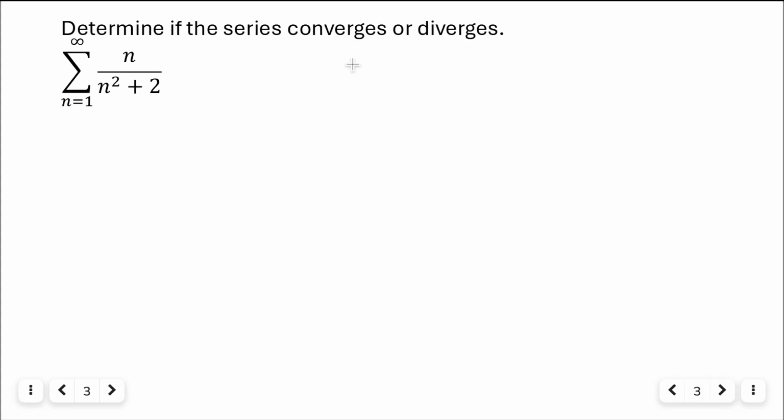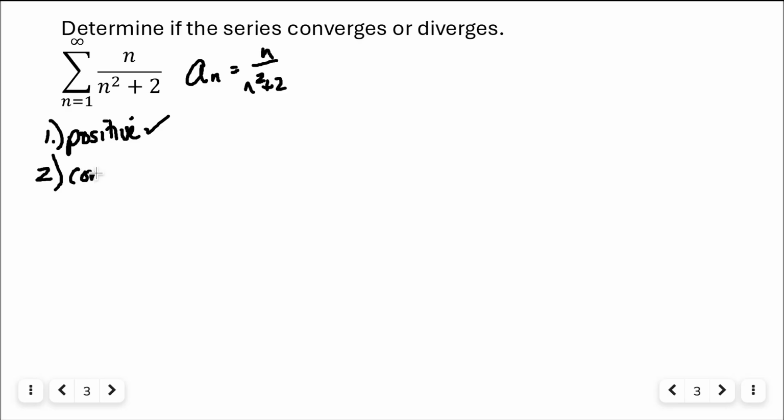Let's take a look. We're going to determine whether or not this first series converges or diverges. We're going to use the integral test to do it. So to use the integral test, the first thing we have to show is that this nth term, n over n squared plus 2, is positive. And it most certainly is. If I'm only plugging in positive values, the answer is going to be positive.